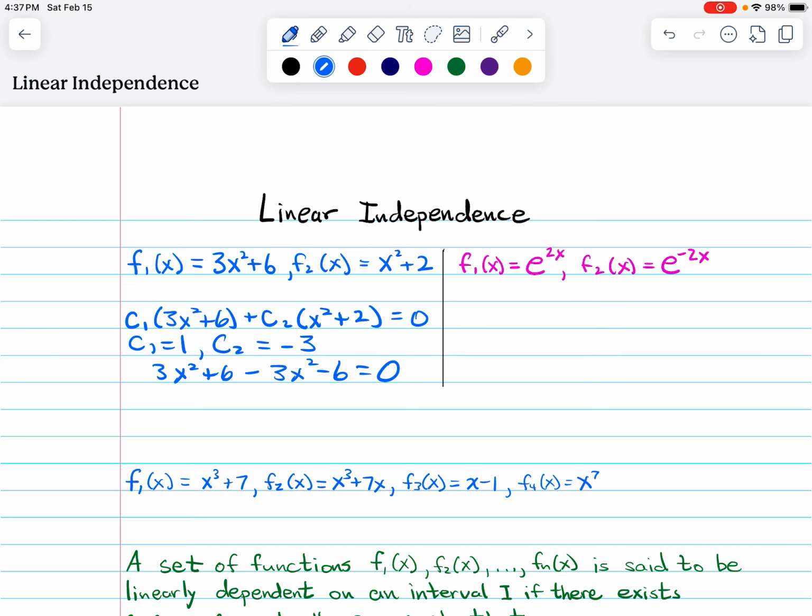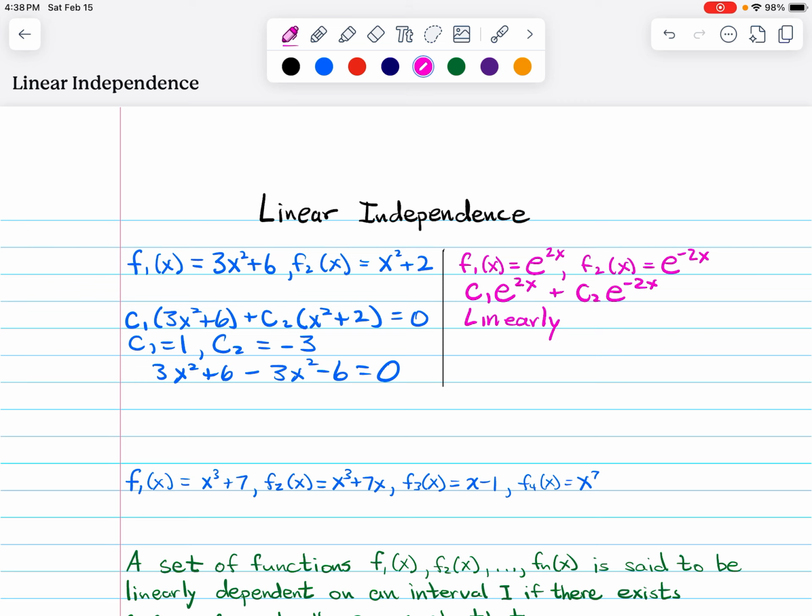Now, if you look over here at this pink one, we've got C1 e to the 2x plus C2 e to the negative 2x. Now, I can't find any constants, C1 or C2, that's going to make that equal to 0. So we say that these are linearly independent.